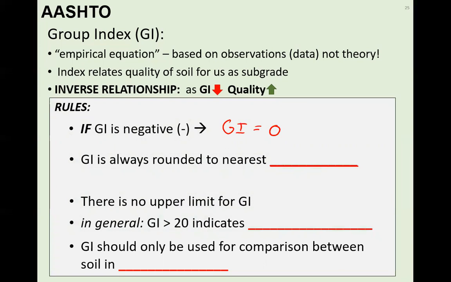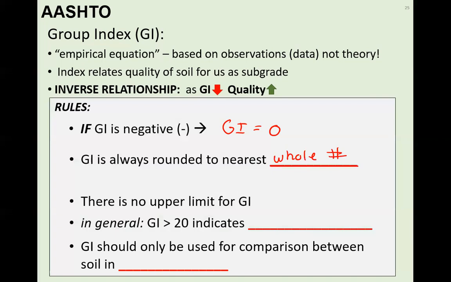So just double check that. The GI is also always rounded to the nearest whole number, which kind of makes it nice. So you would just round to the nearest one, either round up or round down, depending on what you'd have.